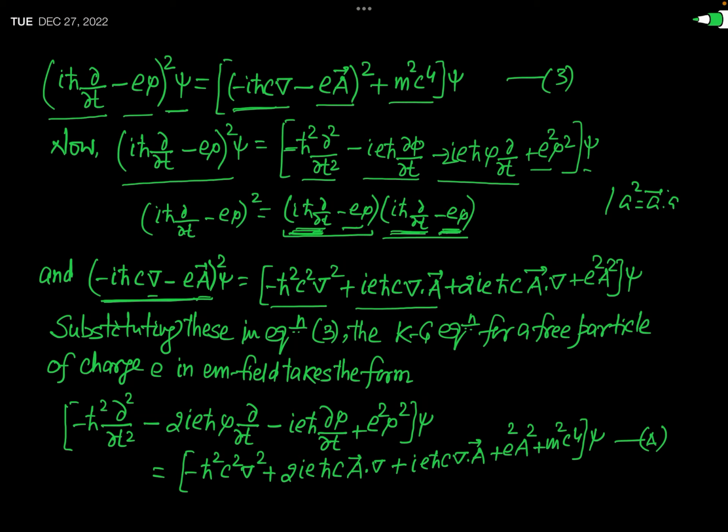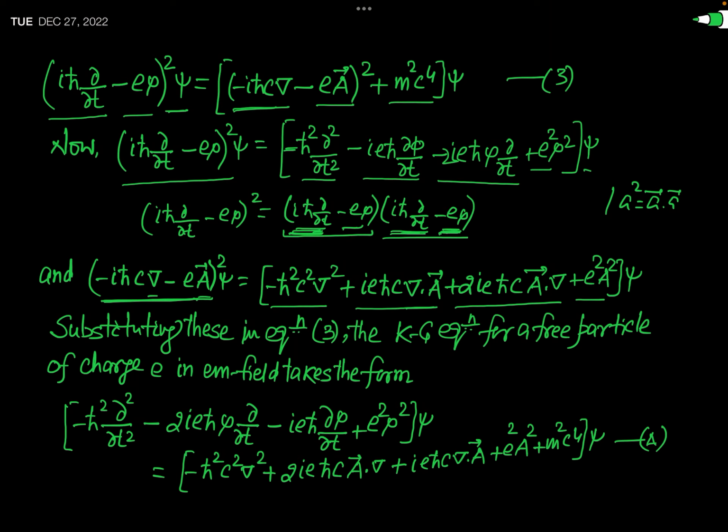So this will be del dot a, plus 2 i e h bar c a dot del, and e square a square operated on psi.